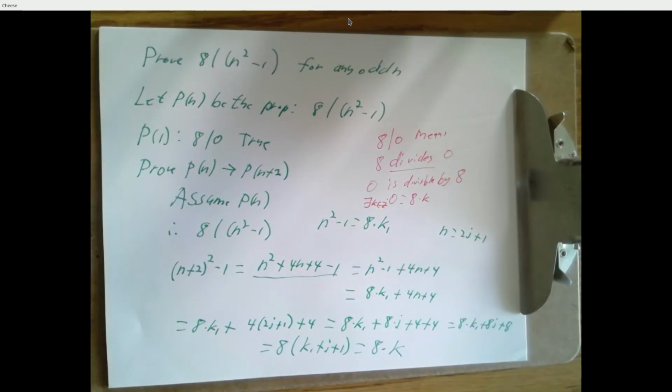So there exists an integer k such that 0 equals 8 times k. And there is a perfectly valid integer which makes that true, it's the integer 0. So 0 is actually divisible by every number, including 0.